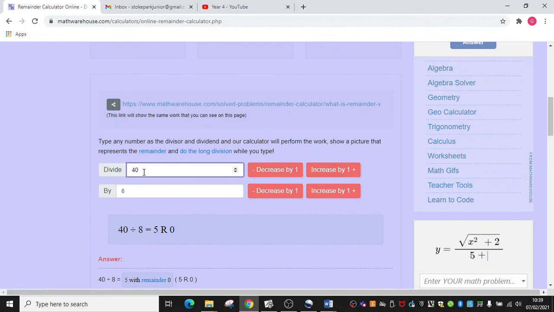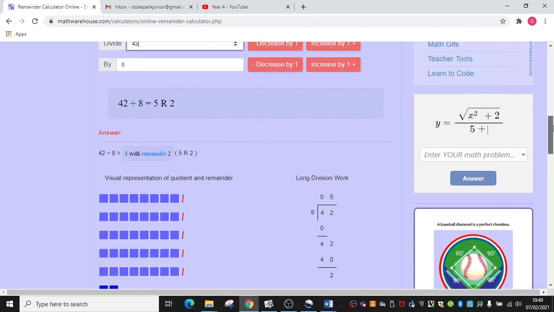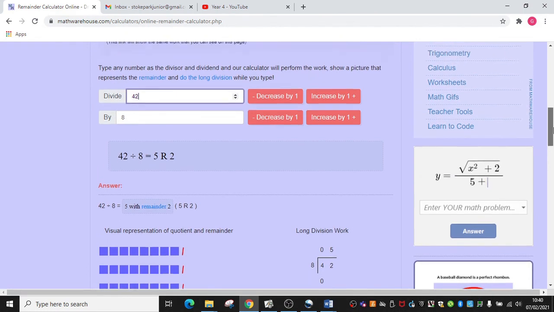And if I was to change that to say 42 divided by 8, then we should be able to figure out it's still going to be 5 with 2 left over. And I can see that on my array underneath. As we said yesterday, we don't need to be worrying about necessarily this long division and any of the extra features that are written at the side here. Just purely using the division calculator, but seeing it as an array is useful.